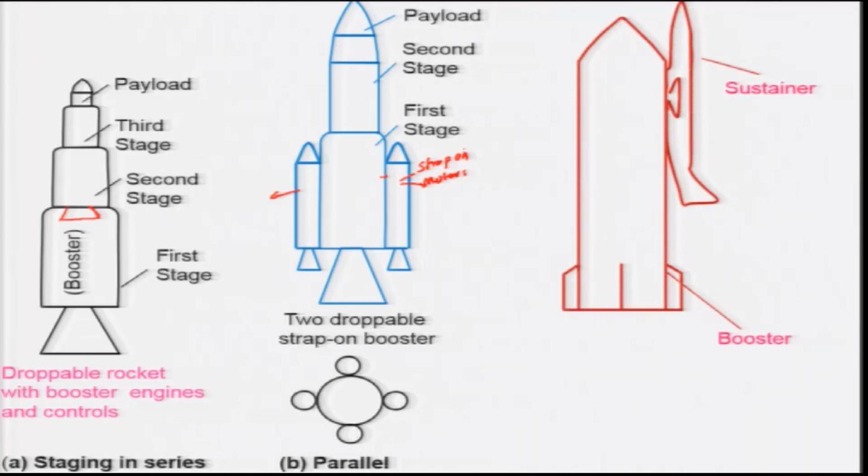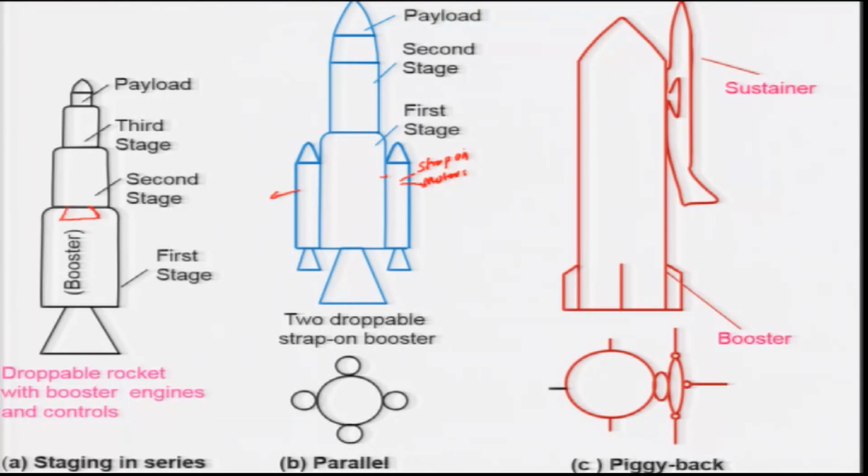Another arrangement that is used is the piggyback, which is being shown. This is your booster phase rocket and the sustainer, and it is like an aircraft where a crew member can be returned from the flight. It is used very much for reusable vehicles.